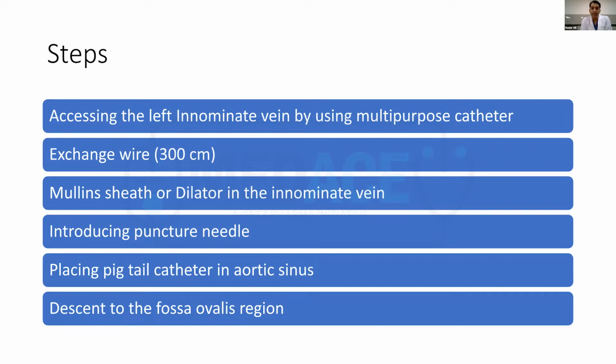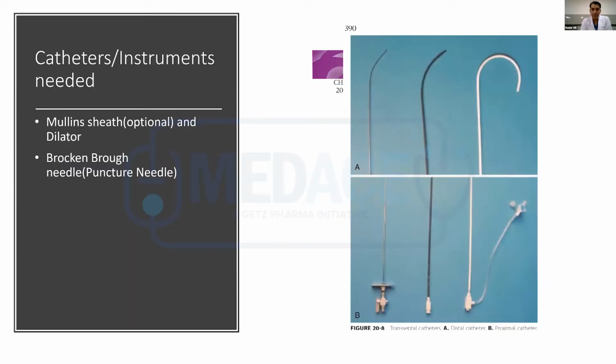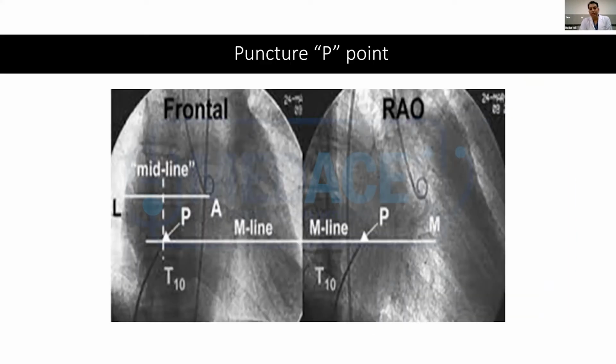Introducing the puncture needle there, with our pigtail already in the right coronary sinus marking the upper border of the tricuspid valve, from there we will descend our puncture needle along with the dilator to the fossa ovalis region, angiographically in the frontal view, keeping in mind the point on the spine where this horizontal M line was transecting the vertical midline.